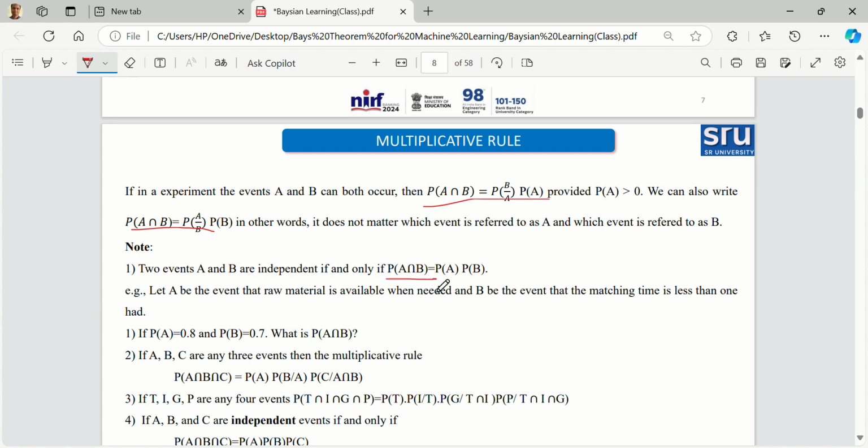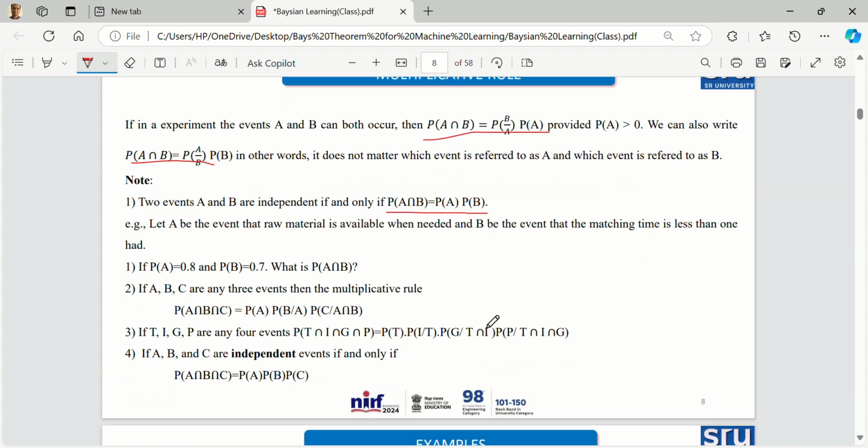If both are independent, we can write probability of A intersection B equal to probability of A into probability of B. For example, if probability of A is 0.8 and probability of B is 0.7, this is equal to 0.8 into 0.7, which is 0.56.